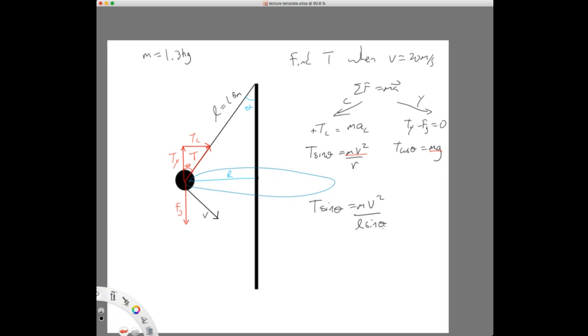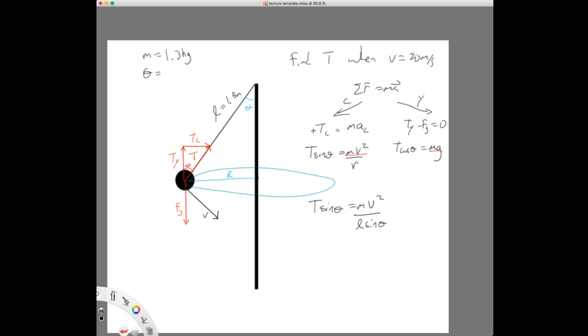Actually, I think I gave the wrong information in this problem. Now that I'm looking at it, we need to be given the angle and solve for T and V, because it's difficult to solve for the angle in this case.